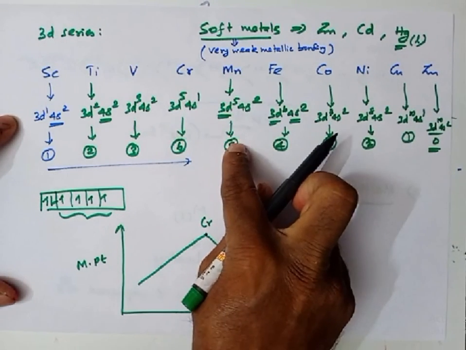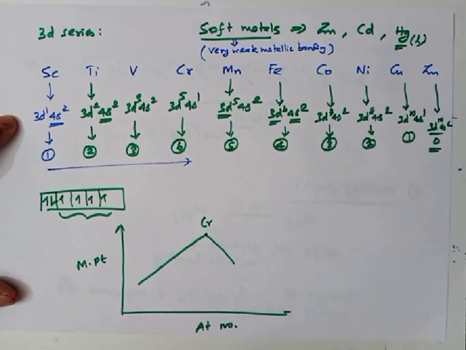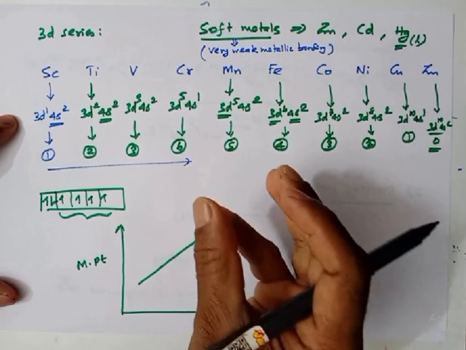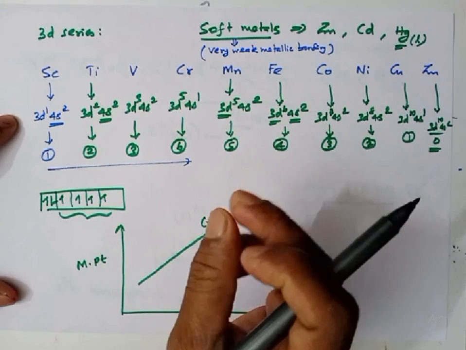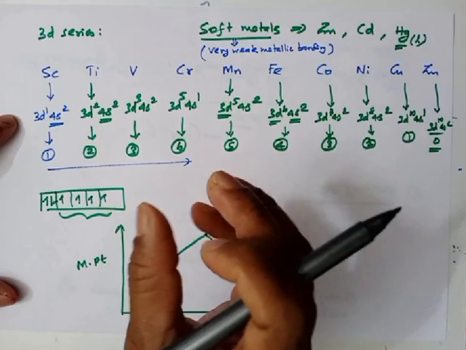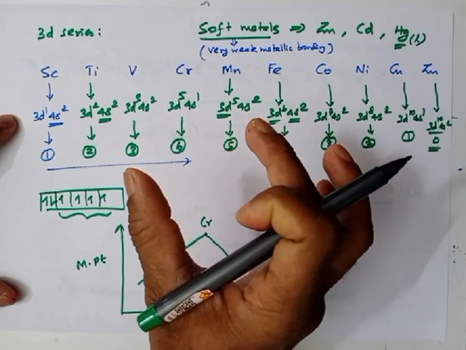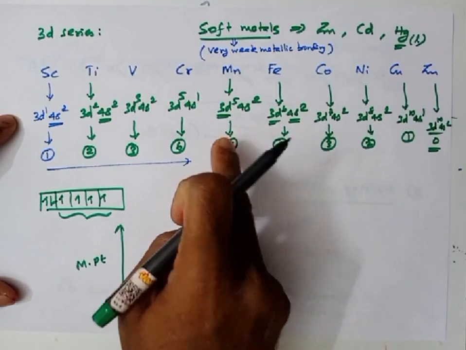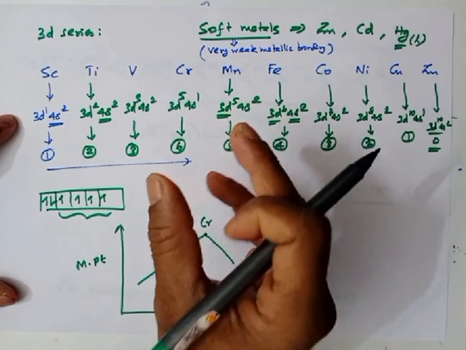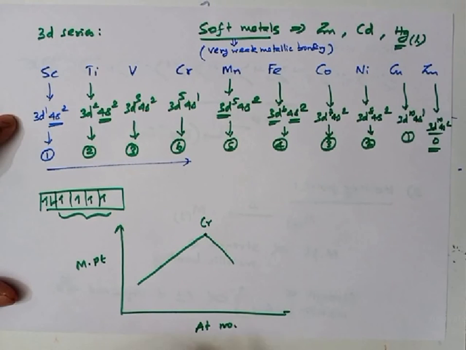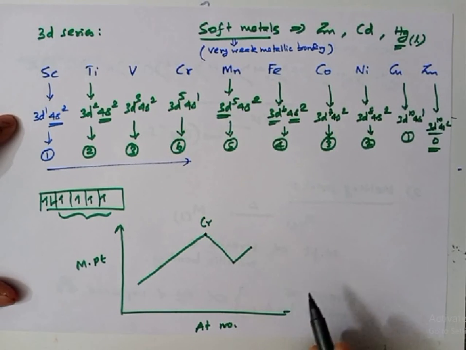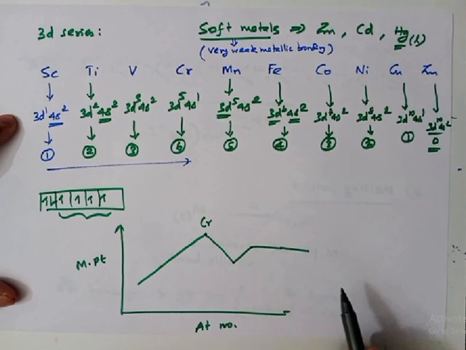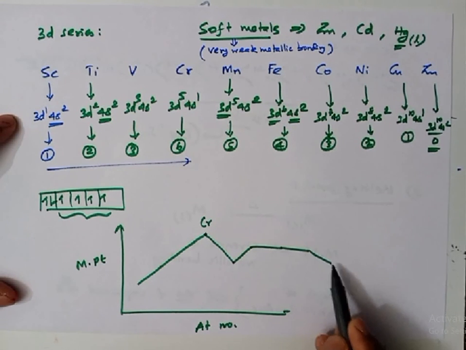It is due to the crystal structure. Manganese has 5 unpaired electrons, but in its crystal structure the distance between metal atoms is large. So even though it has 5 unpaired electrons, the metallic bonding is not that effective. After that, we have iron, then cobalt, nickel, copper and zinc.